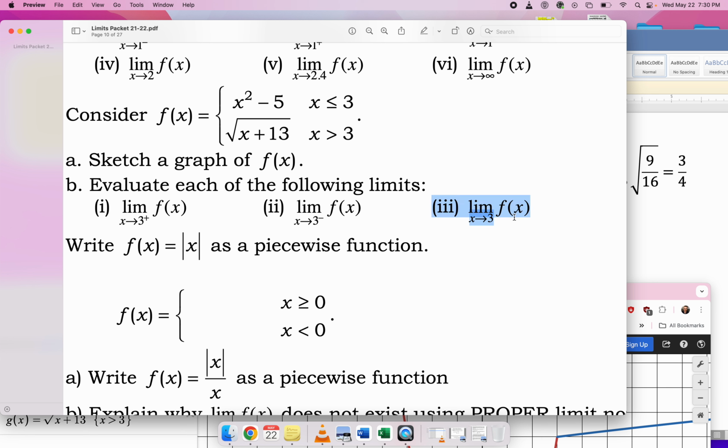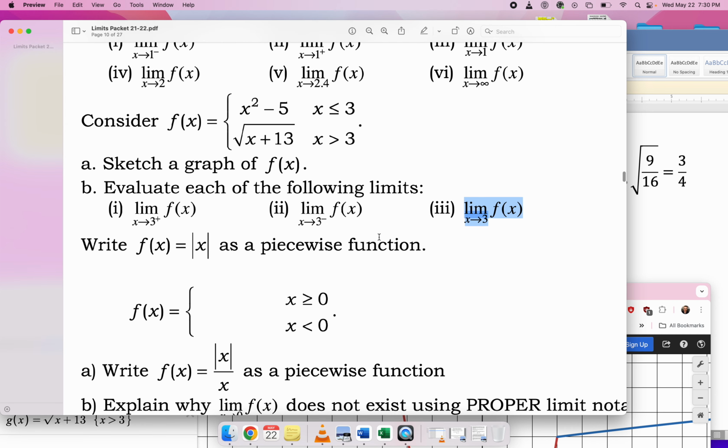And then finally, what is the two-sided limit? Well, since both the left and the right-hand limits were the same number because they were both 4, this two-sided limit does indeed exist, and it's just equal to 4. So that's what that guy is.